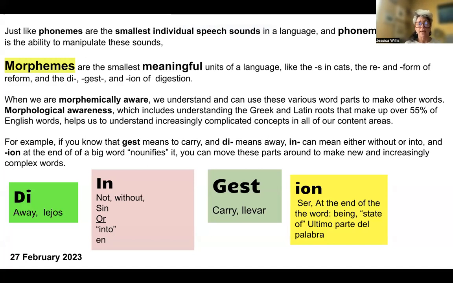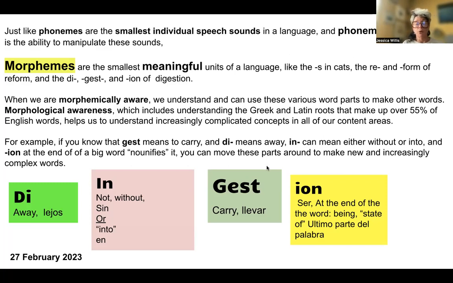And I would wager that that percentage is much higher for the scientific fields and for the technological fields. When you can understand those word parts, when you know the Latin and Greek roots, or at least the basic ones, that gives you much more leverage in being able to take these concepts, break them up, and use them to further your understanding in newer and even more complex concepts in our fields.